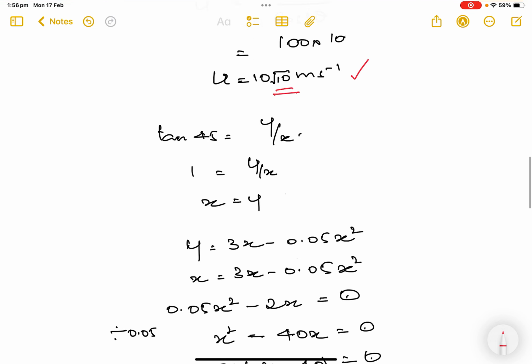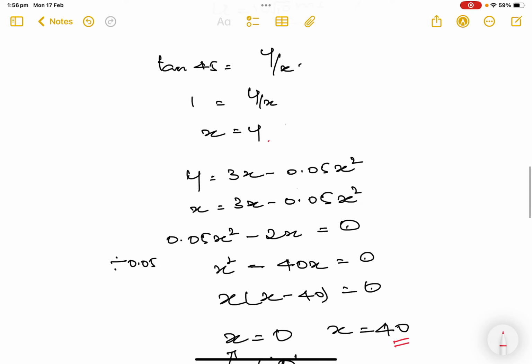Tan 45 is y over x, the height opposite over adjacent. Tan 45 is 1. Therefore, x equals y. If you substitute that, y equals 3x and so on. So y is equal to x.